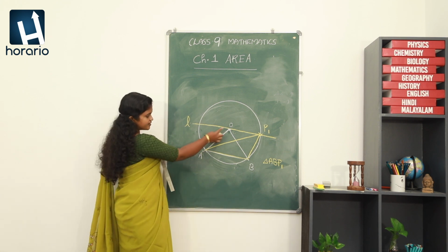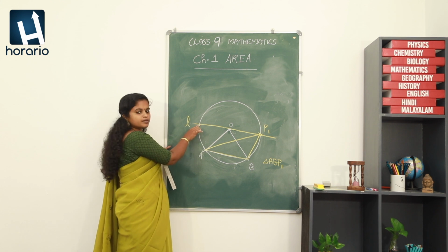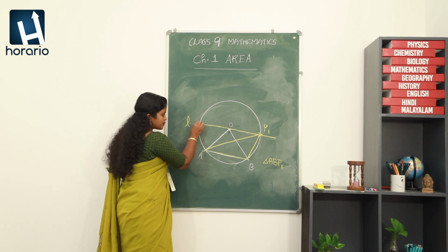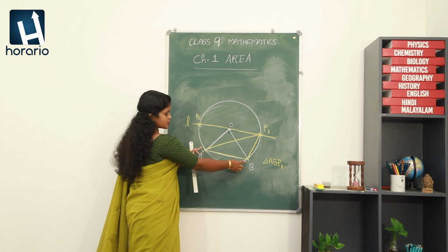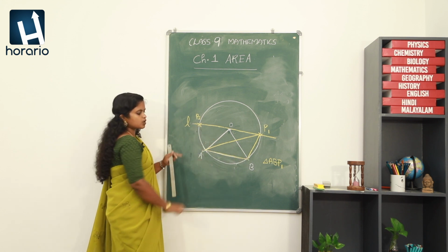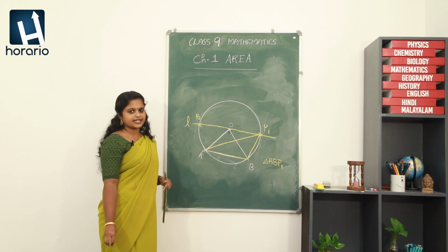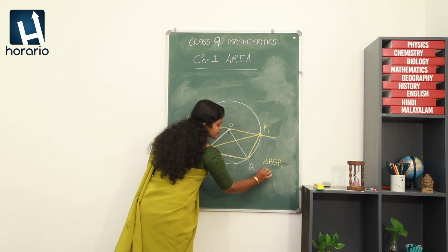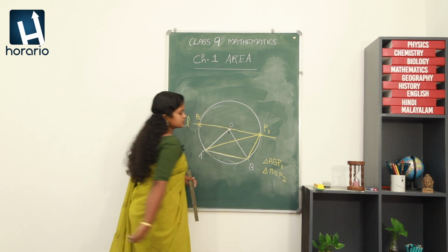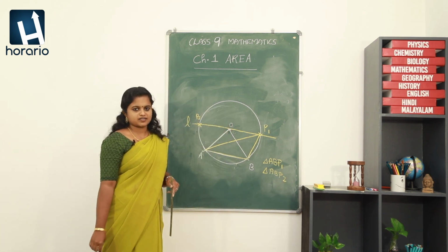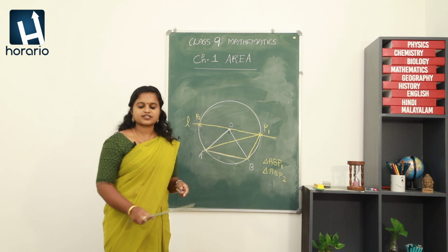Yes, you can see that the line meets the circle at one more point, right? So let me mark this point as P2. If we join these two points to P2, we will get another triangle satisfying the same condition. So we will get another triangle ABP2. So we got two triangles. I think now you understood the concept.